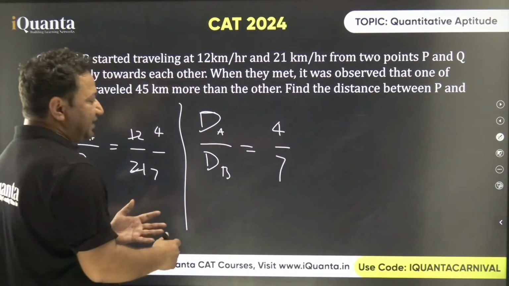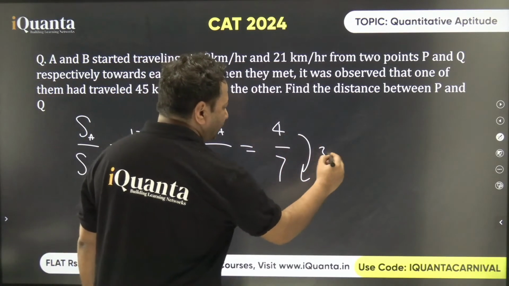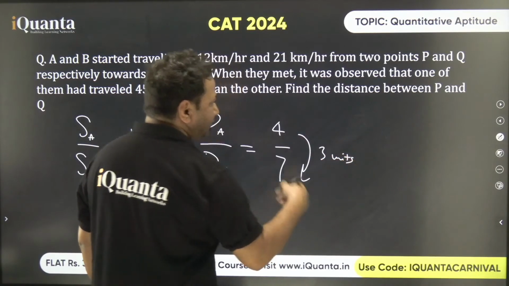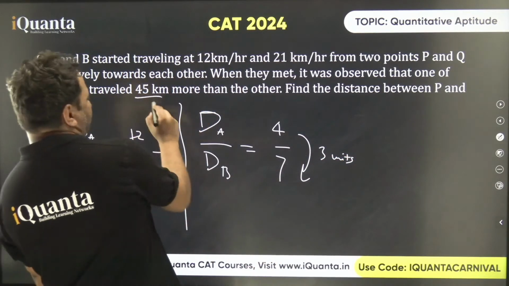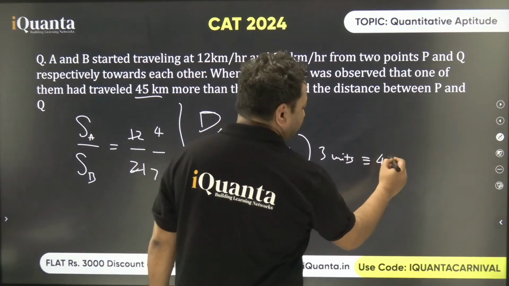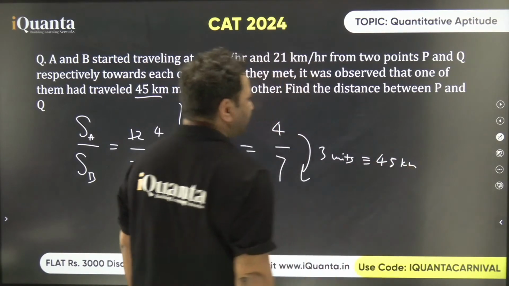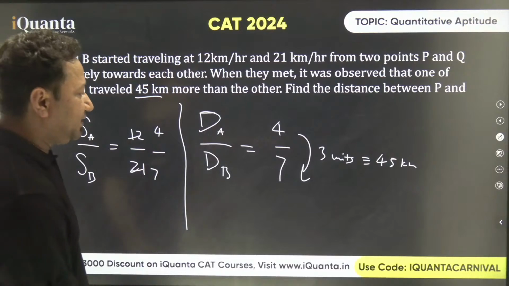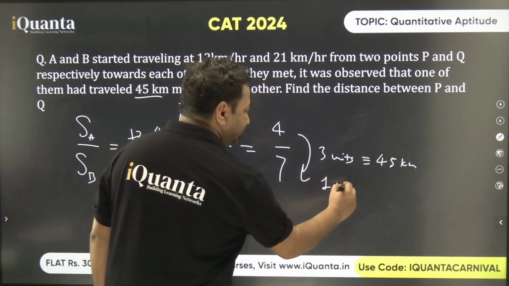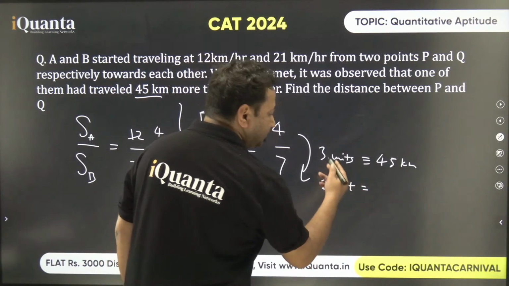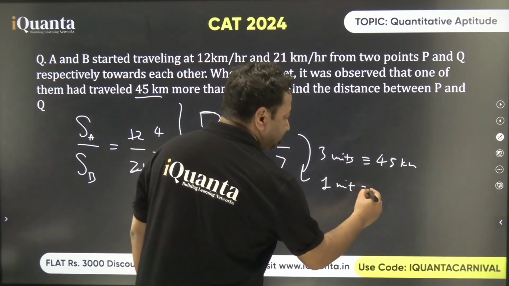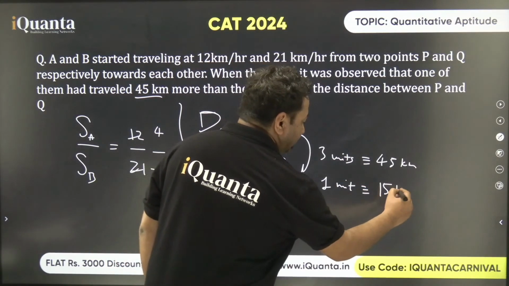All right. B has traveled 3 units more than A, which is equal to how much? 45 kilometers. That means 1 unit is equivalent to 45 by 3. That is how much? 15 kilometers.